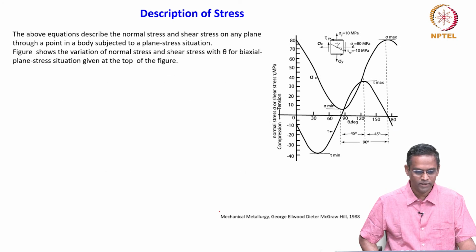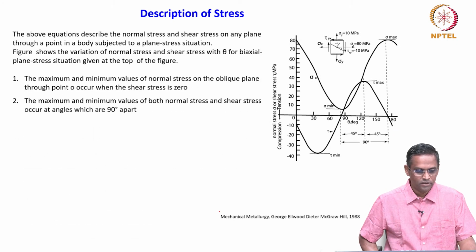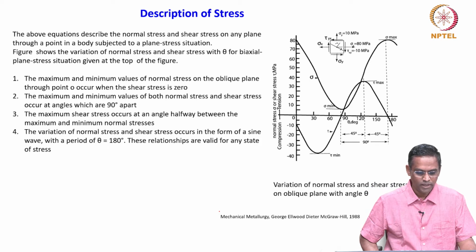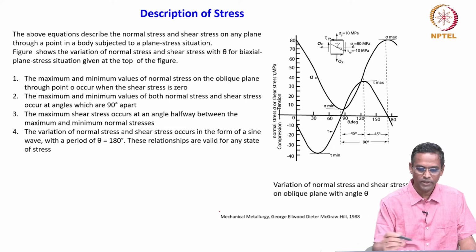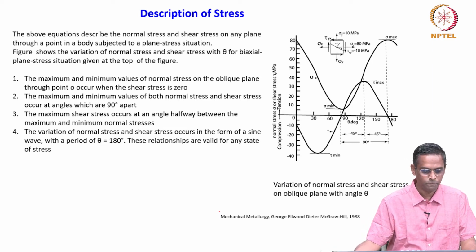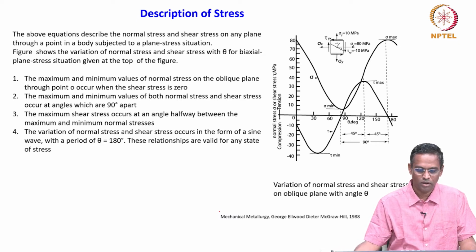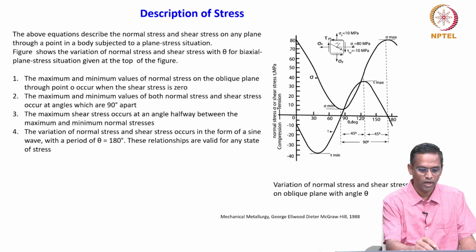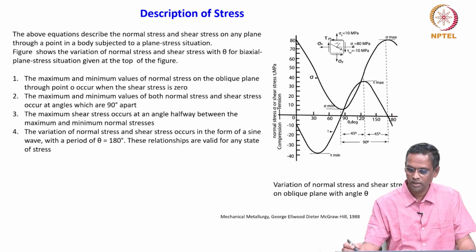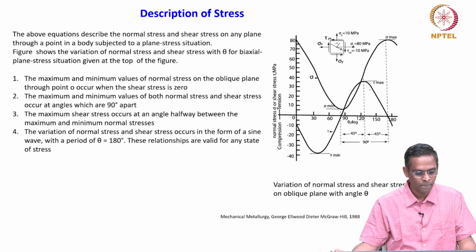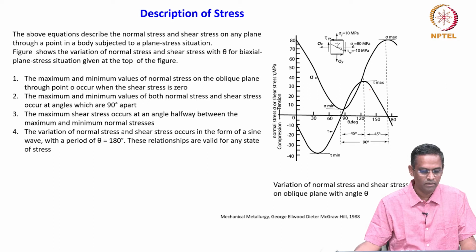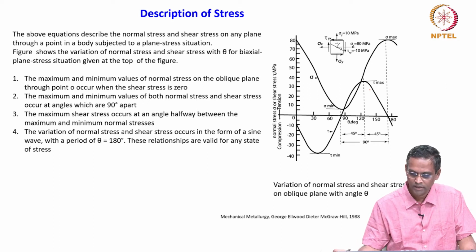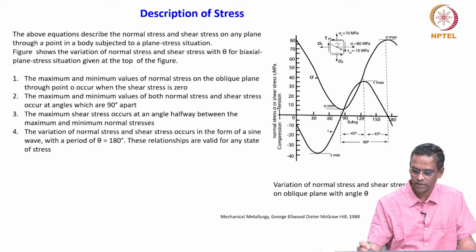Then again we just discussed these four points about the relation between the normal stress and shear stress. The maximum and the minimum values of normal stress on an oblique plane through point O occur when the shear stress is 0. The maximum and the minimum values of both normal stress and shear stress occur at angles which are 90 degrees apart.